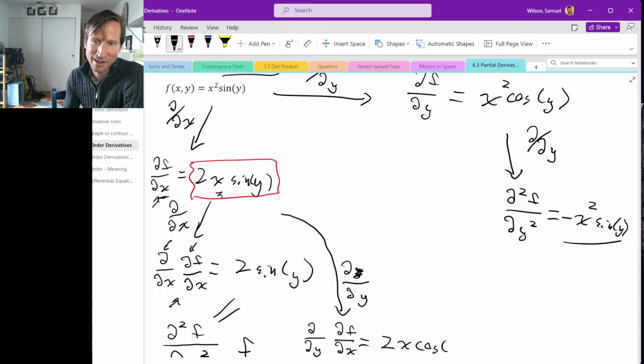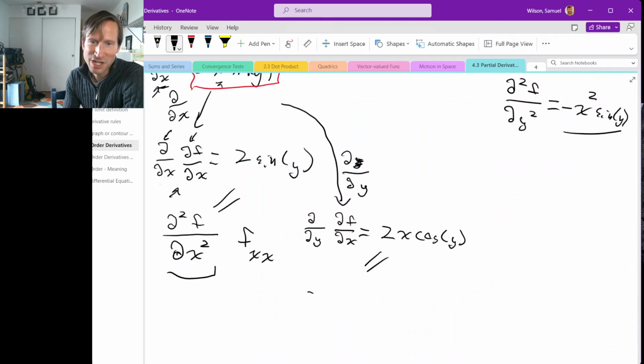Okay, so a more abbreviated notation for this would be, we could condense our partials and write this as partial squared f partial y partial x. Or the other way to write this would be partial yx. Notice I'm putting these in the order that matches the partial notation.